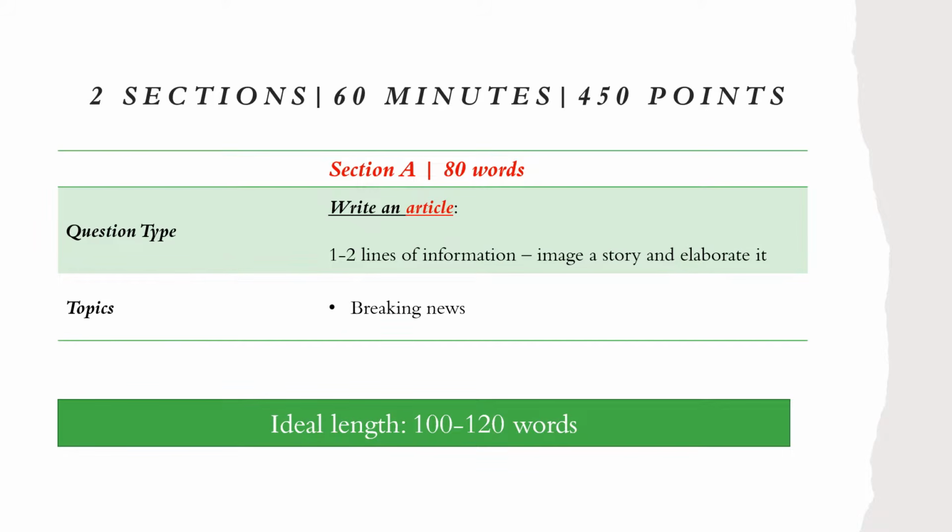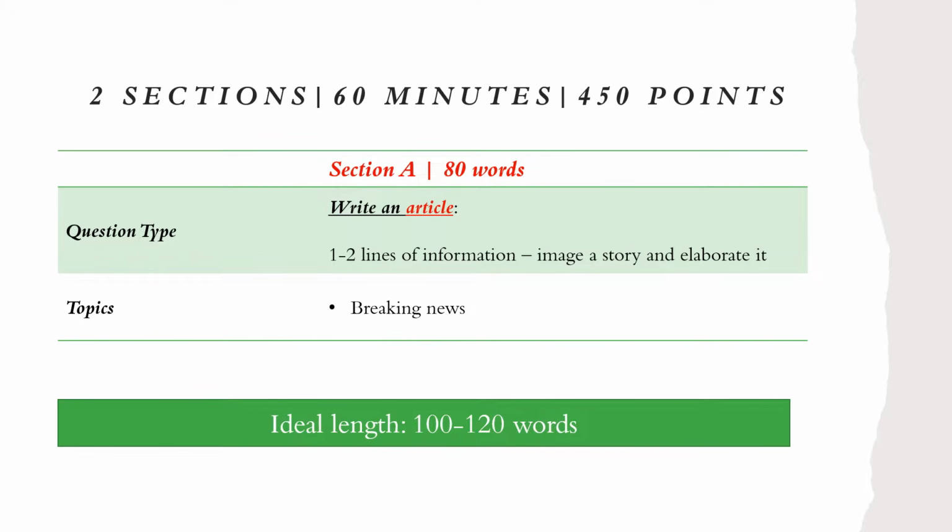So in the TEF Canada writing exam, you get two sections and you have 60 minutes to complete them, and you will get your final score out of 450 points. Section A is fait divers, which basically means breaking news, wherein you'll get 2-3 lines of a situation. You'll have to read it, imagine a story, and then elaborate it.